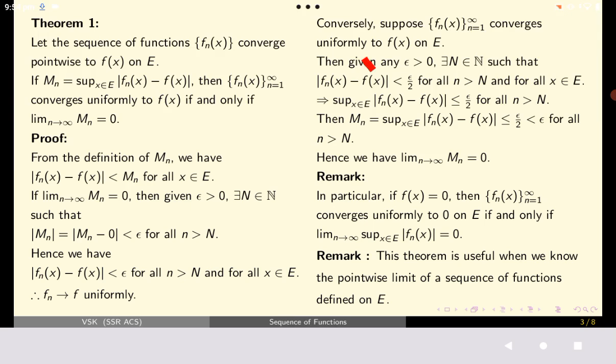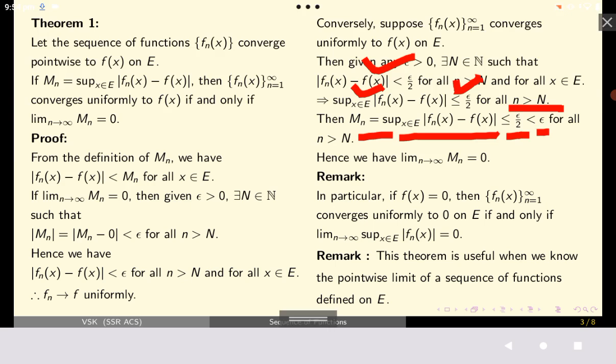So if we take the supremum, then the supremum of modulus f_n(x) minus f(x) over x belonging to E will be less than or equal to epsilon by 2 for all n greater than or equal to N. That is, M_n is less than or equal to epsilon by 2, which is less than epsilon for all n greater than or equal to N.